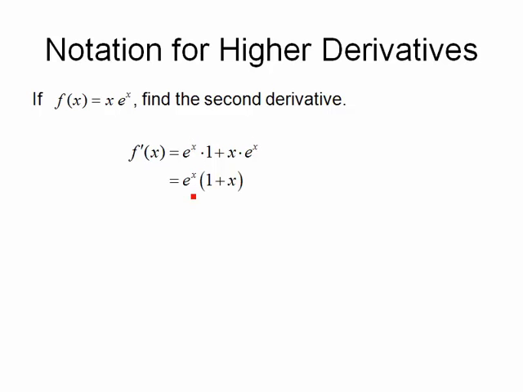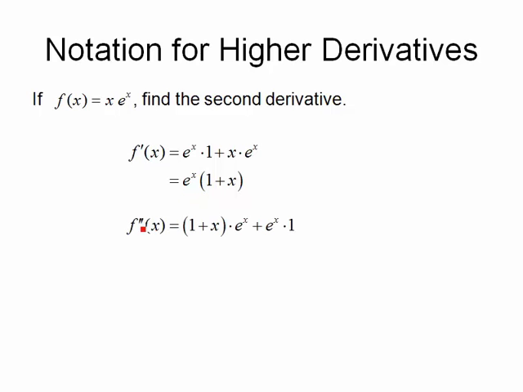What I'm left with then is e to the x times the quantity 1 plus x. The reason why I'm doing that is because I want to make it easier in the next step to take another derivative. I have another product here, so now I'm going to have u be e to the x and v be 1 plus x, and now I'm going to take another derivative to get my second derivative.